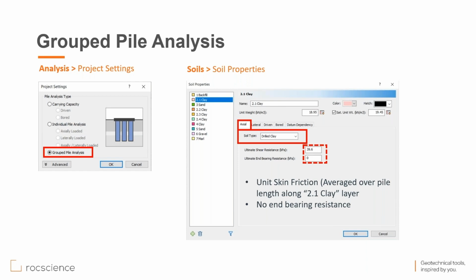The ultimate end bearing resistance is set to 0 because we're not expecting any end bearing from the topmost layer. So it's sort of back calculating what you have given and just entering it here once more in terms of estimating the axial capacity in clay and cohesion in the soil as well.